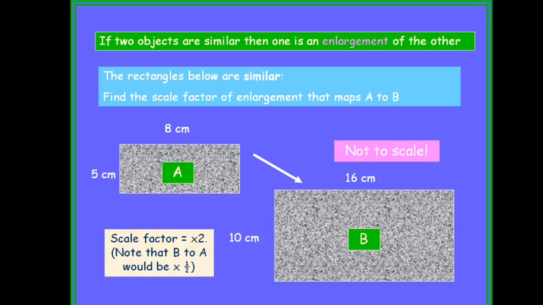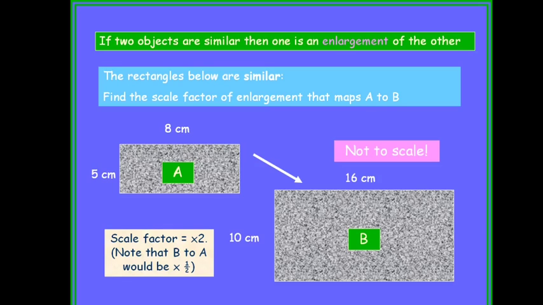For example, the length of rectangle A is 8 centimeters. On the other hand, I can say that the length of rectangle B is 2 times the length of rectangle A. In A, the length is 8 centimeters. In B, the length is 16 centimeters. So we can say it's double.